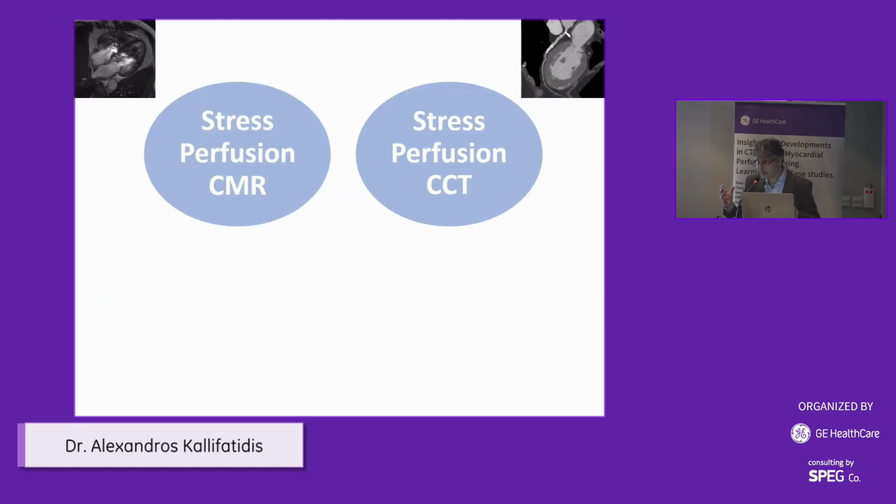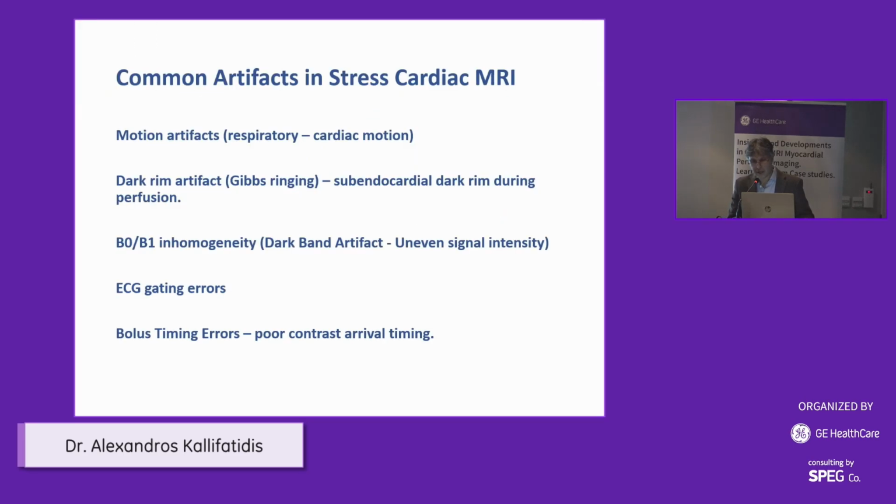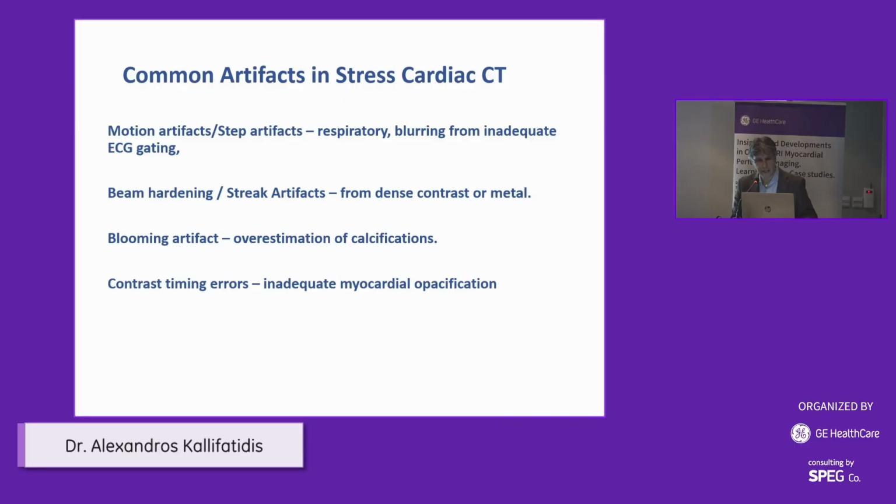These techniques are different, stress CMR and stress CT, so we can have different categories of artifacts related to motion, contrast, hardware, reconstruction, etc. And here in this slide, we can see some common artifacts in stress cardiac MRI: motion artifacts, dark rim artifact, magnetic field inhomogeneity artifacts, ECG gating errors, and bolus timing errors.